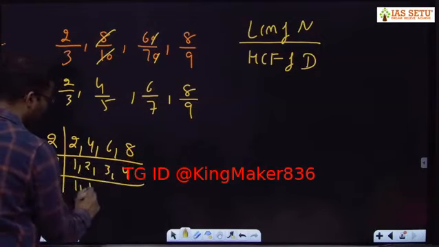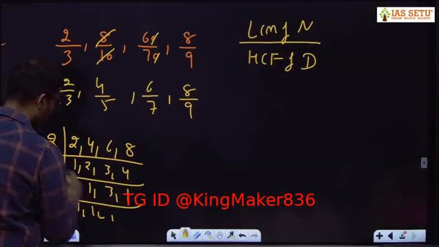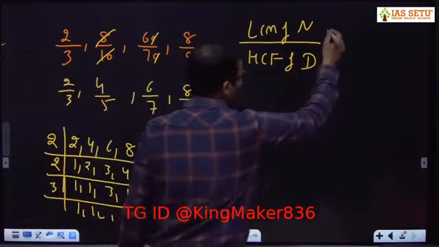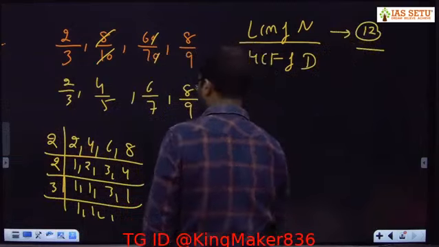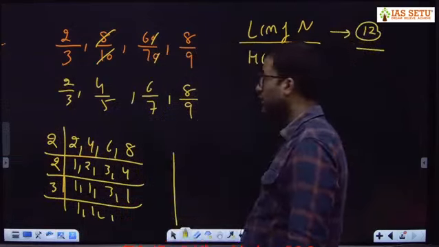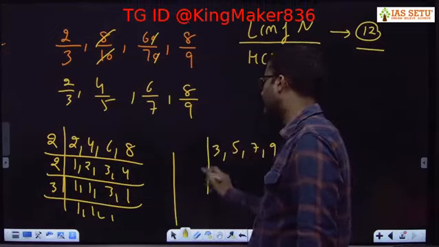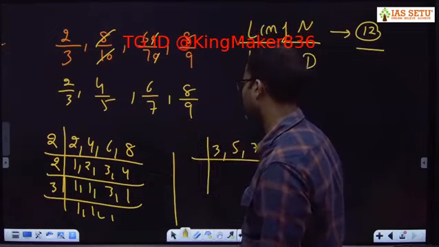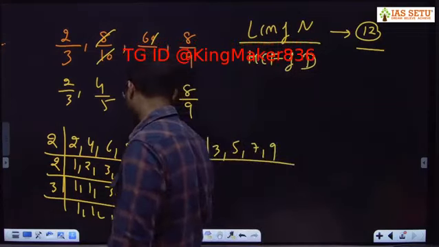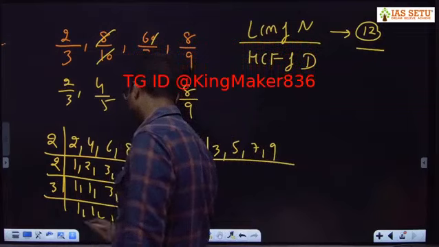Again 2 common, 1, 1, 3, 1. 3 common, so it is 12. So the LCM of all these numerators is 12. Then the denominators are 3, 5, 7, 9. We find the HCF, 24. Something is left, right? Yes, I have to take 2 common.